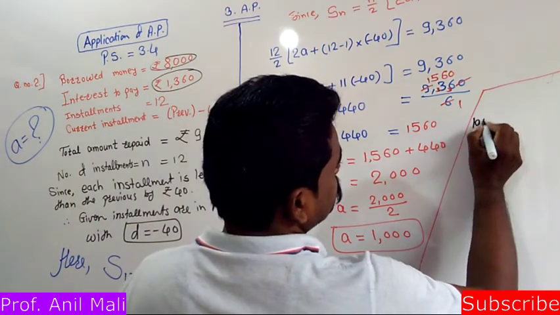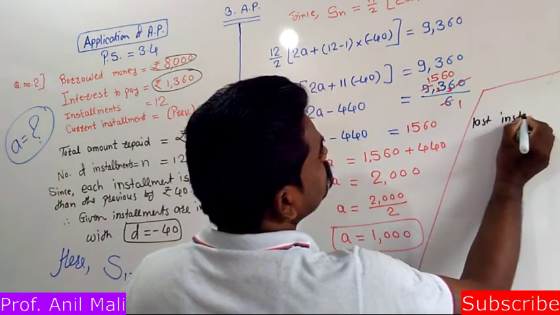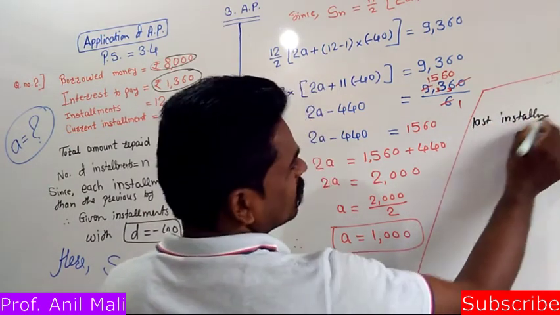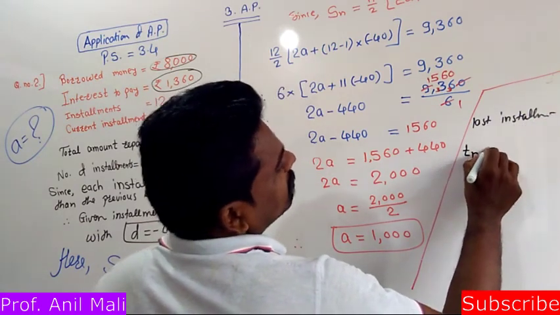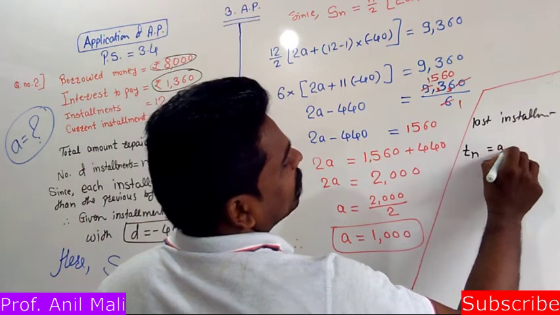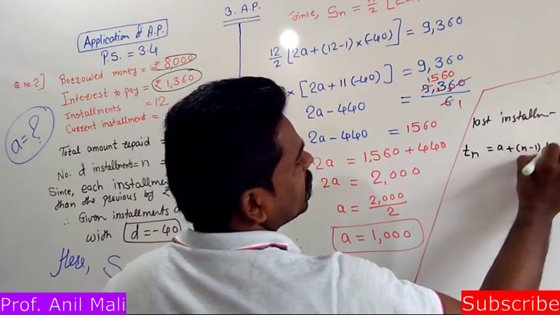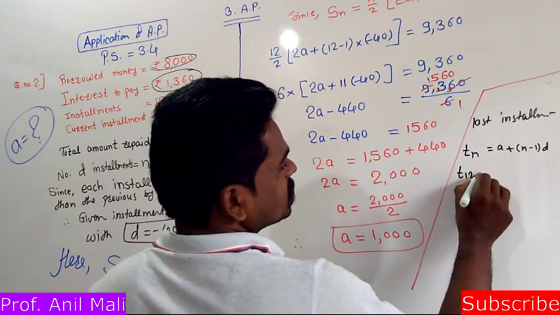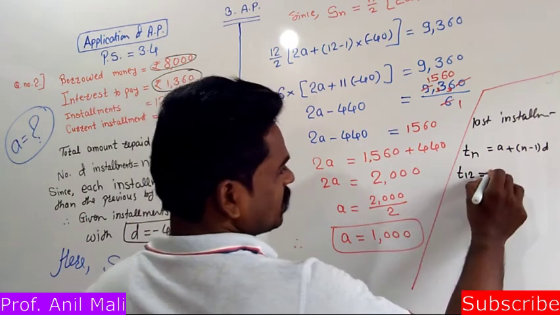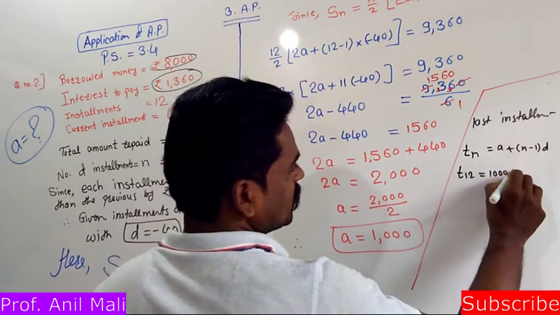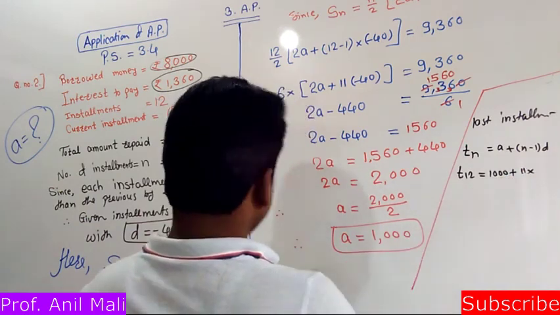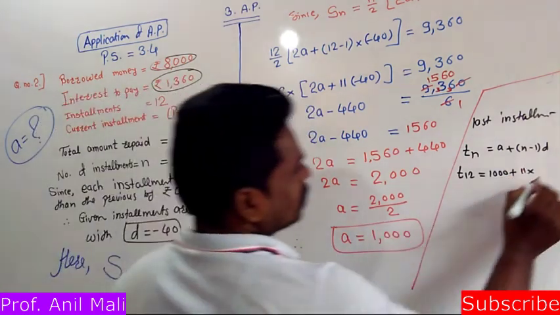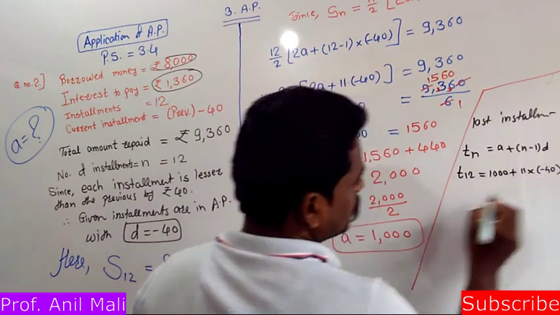The last installment is given by Tn is equal to a plus n minus 1 into d. So T12 is equal to a, which is your 1000, plus n, which is 12, minus 1 means 11, into d. d is minus 40.